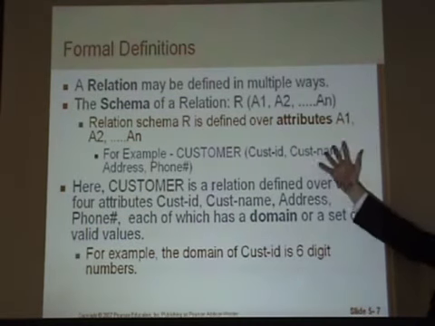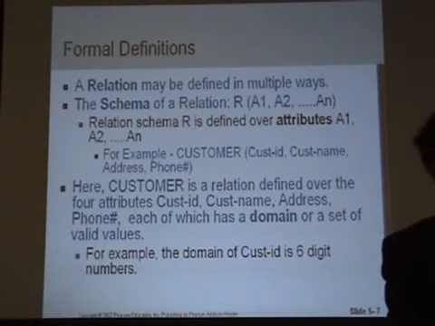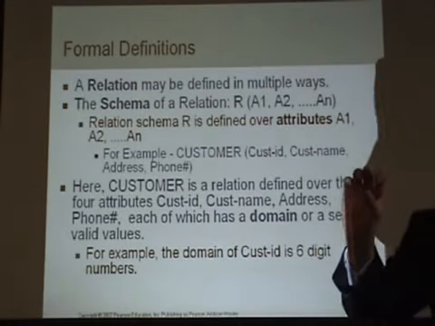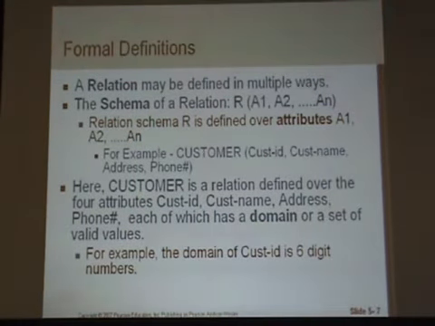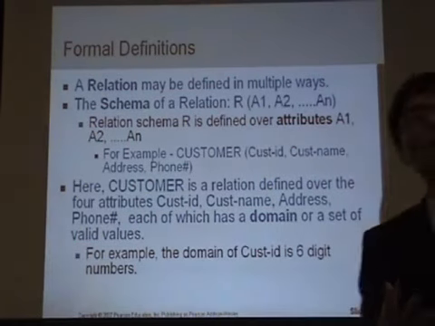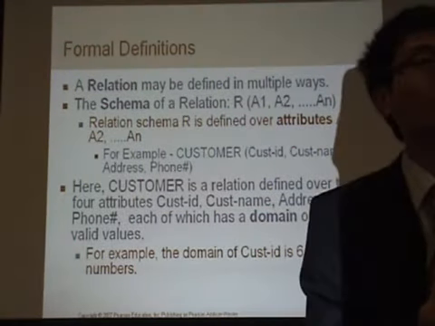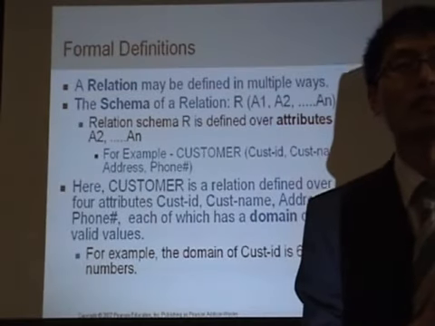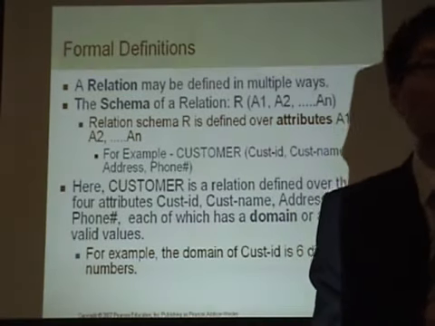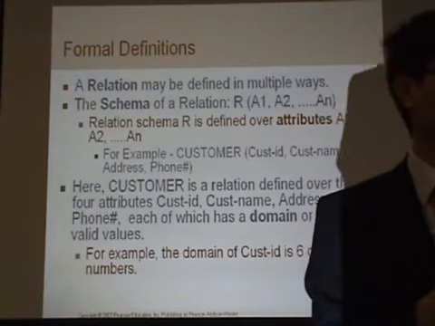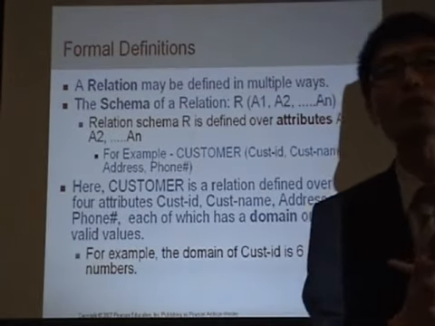In formal definition, instead of data or rows, we say tuples. So when you read a technical paper, you will see a lot of formal definitions, like the relation or the tuples. They are not using rows. They are not using column.